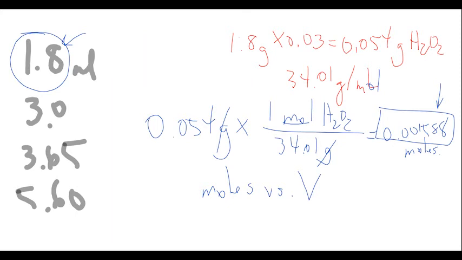So my 1.8 mils was 0.001588 moles. So my 3.0 times 0.03, this is 0.02646 moles.